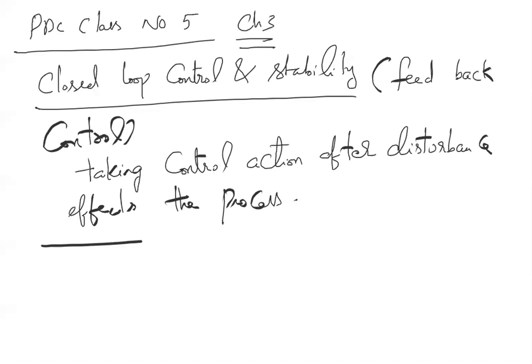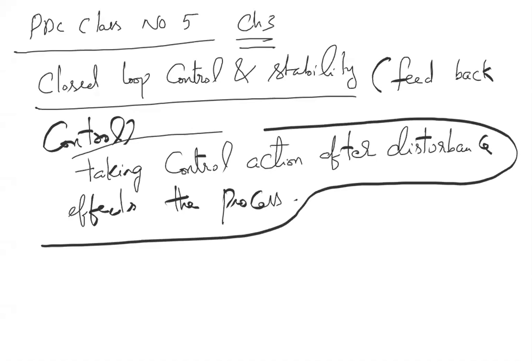So taking the control action after disturbance affects the process is called as the feedback control. Clear? So how does the system look like for a feedback control?